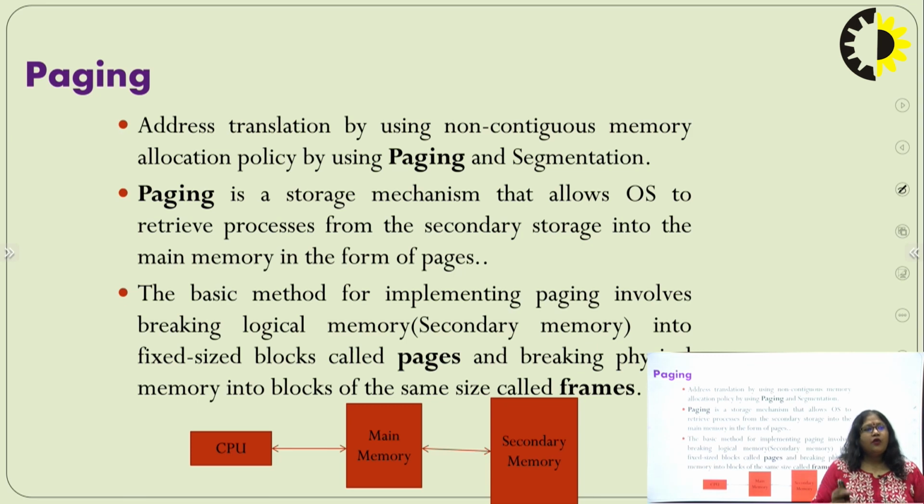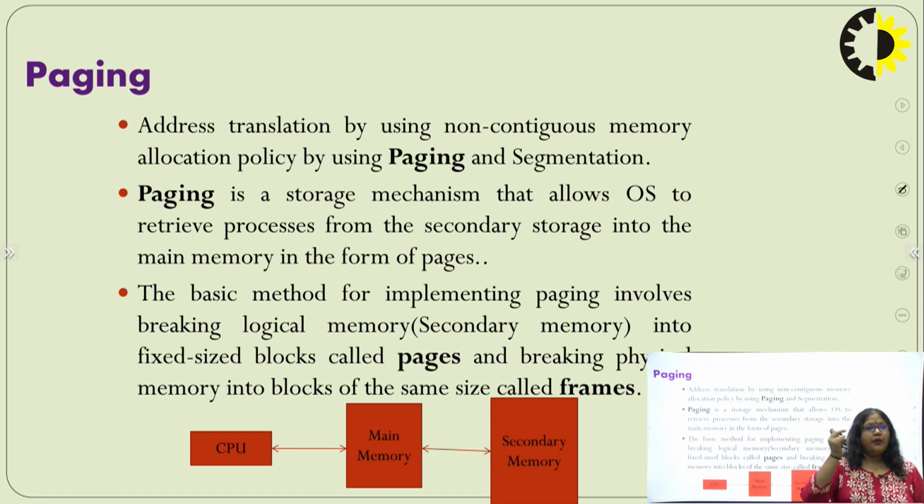Basically, it involves breaking the logical address. Logical address means the CPU always generates the logical address. That address belongs to the secondary memory, and these addresses are divided into fixed-size blocks. That block is called a page. Page size equals the frame size. This is a very important point that you must always keep in mind.